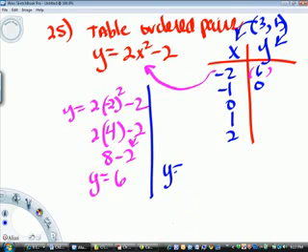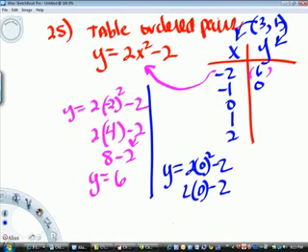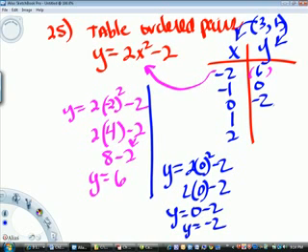Y equals 2 times 0 squared minus 2, because 0 squared is just 0. 2 times 0 is 0, minus 2. Y equals 0 minus 2, which is y equals -2. So this is the way that you get the ordered pairs.